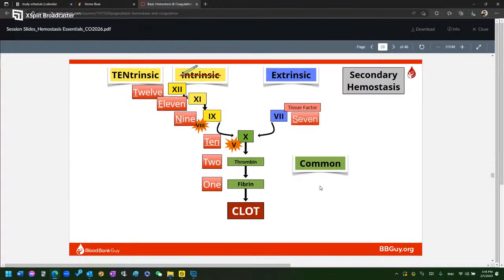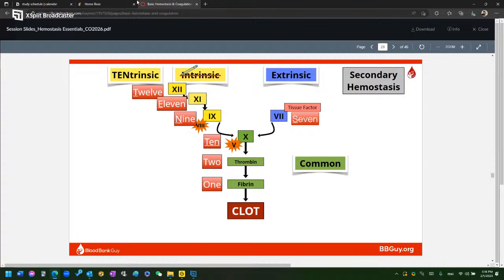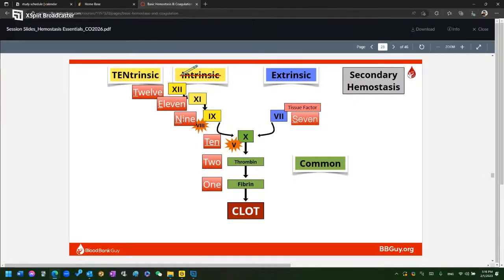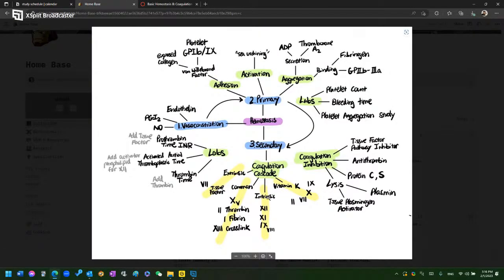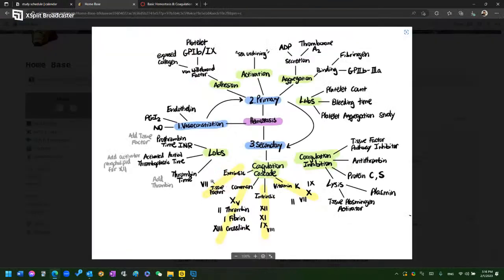So it's hard to sort of remember this. The way that he taught us is the intrinsic is the 10 intrinsic, meaning you'll have 12, 11, 9, and 10, right? And also 8, kind of, but he didn't include that. We'll call it your intrinsic path, and then the extrinsic path will include 7.